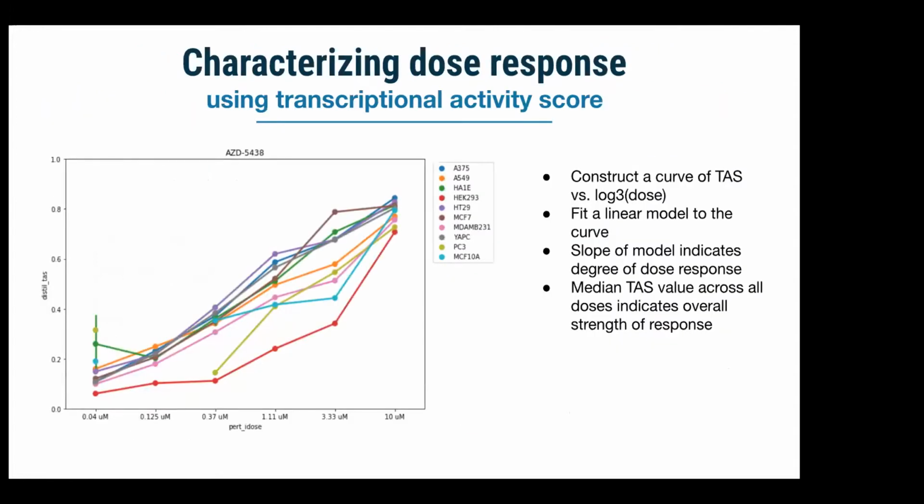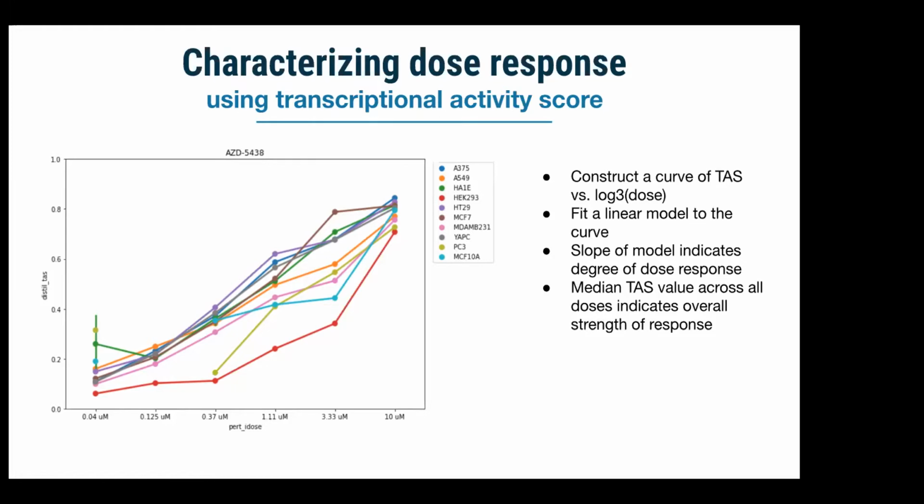One way that we can characterize dose response is using this TAS and simply plotting the TAS value, which is shown on the y-axis here, versus the log of the dose on the x-axis. This is a particular compound, which is a CDK inhibitor, AZD5438. And we can see that as the dose goes up, the strength of the signature, the activity of the signature, also goes up, and that happens universally across all the 10 cell lines.